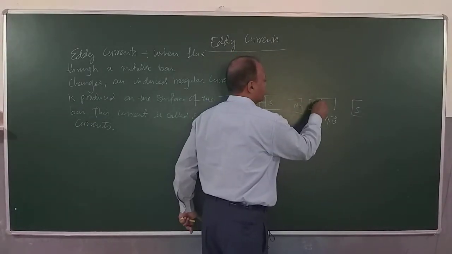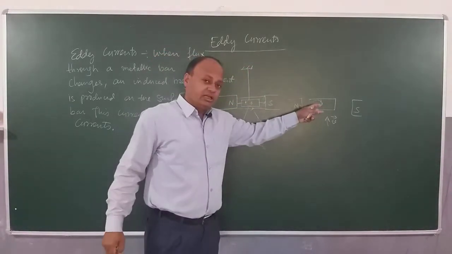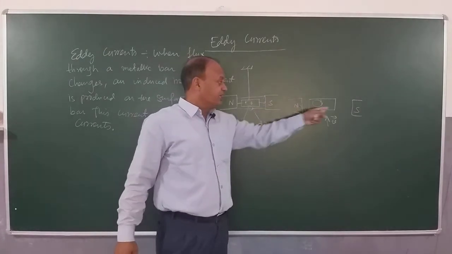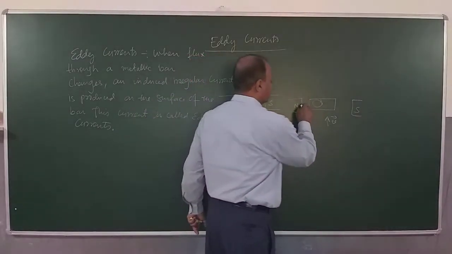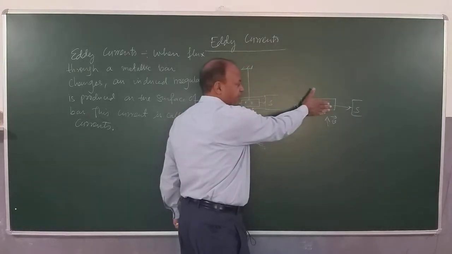So you have to understand this, that in this case current is clockwise and is always perpendicular to the plane of the magnetic field lines. This is the plane containing the magnetic field lines, right?